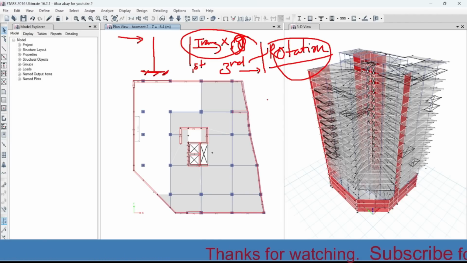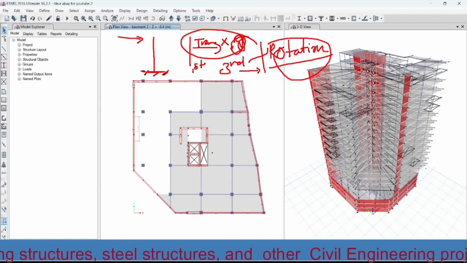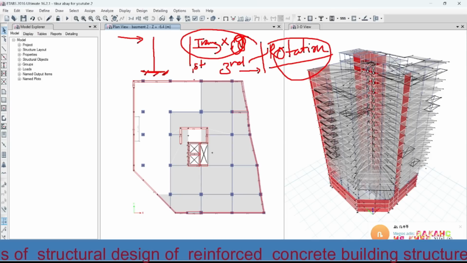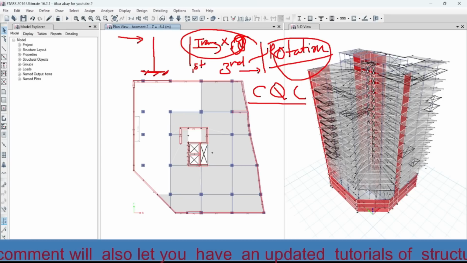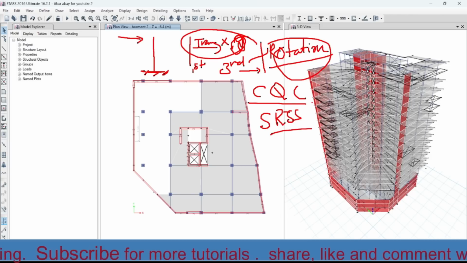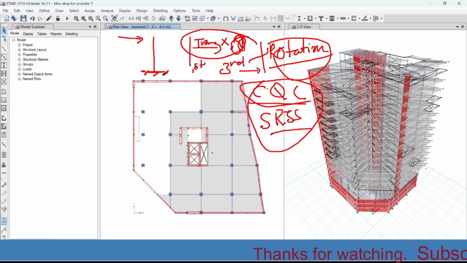The maximum or extreme responses of every mode will be combined using the complete quadratic combination method, or the square root of sum of squares method, in order to get the final or extreme responses of the dynamic force.